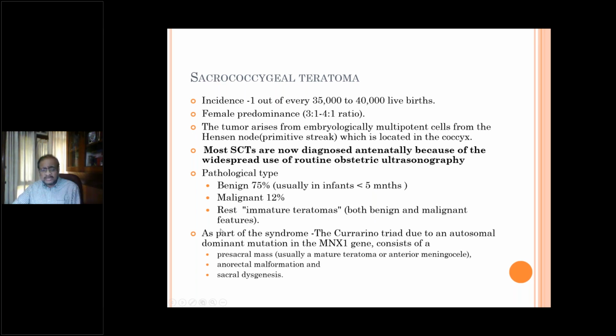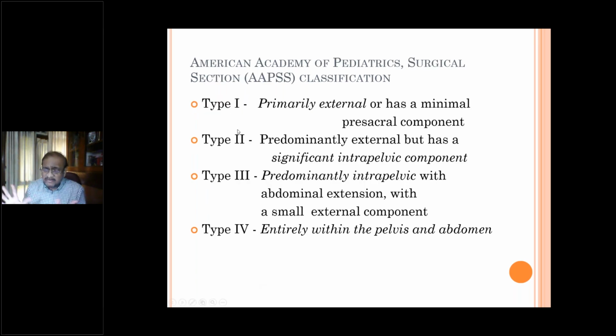It can also occur as a part of a number of syndromes. The common syndrome is the Currarino triad, because of the presacral mass, anorectal malformation, and a sacral defect. Right? Now there are 4 types. There were a number of classifications, but what is now being followed is the American Academy classification. We've got 4 types. Basically it depends upon where the mass is lying. So in the first, it is primarily external.